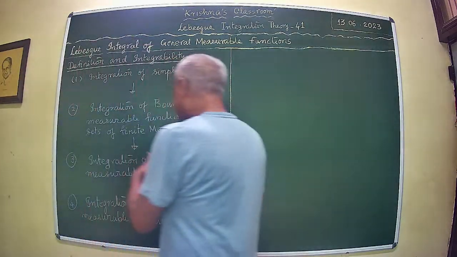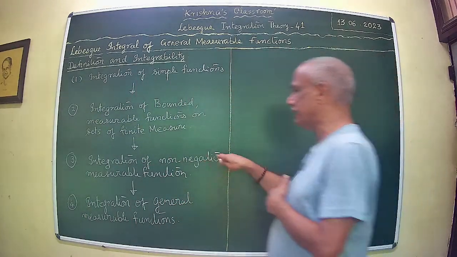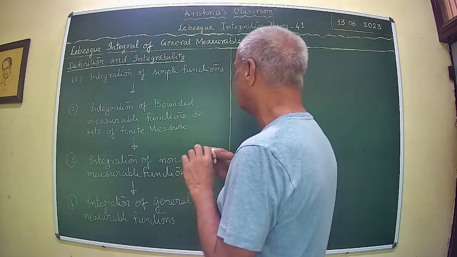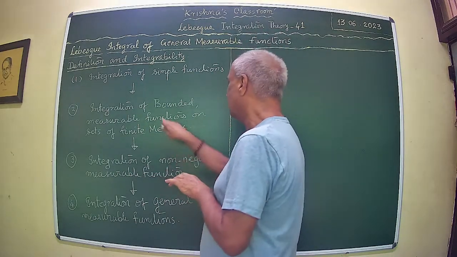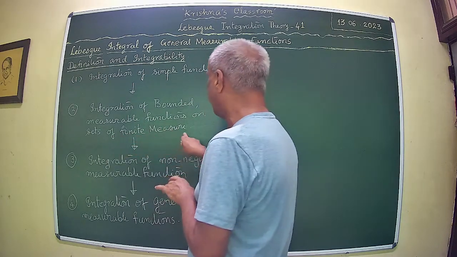The third stage was approximating non-negative measurable functions by bounded measurable functions on sets of finite measure.